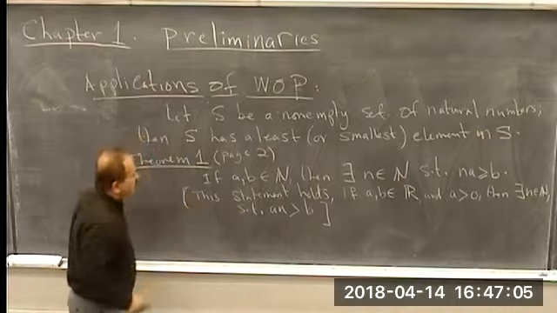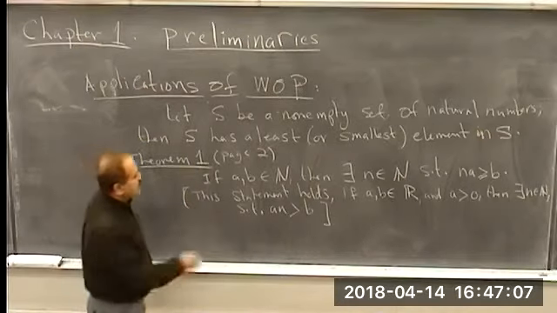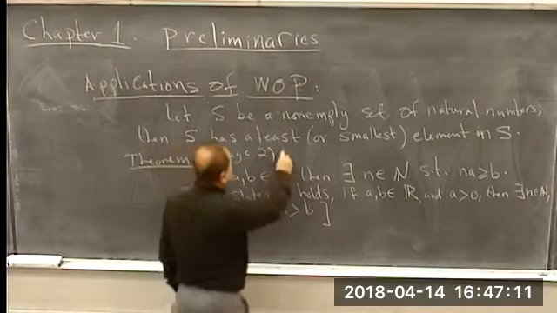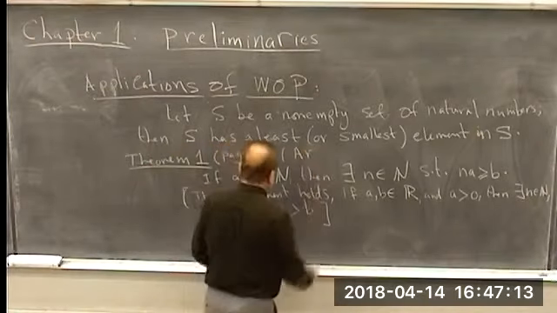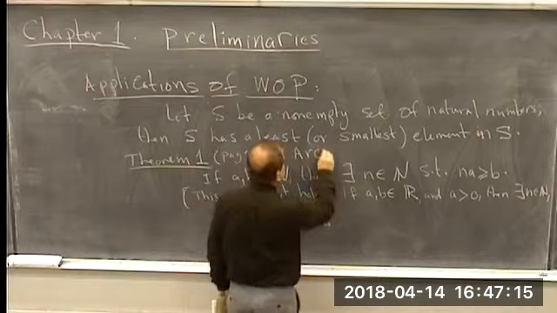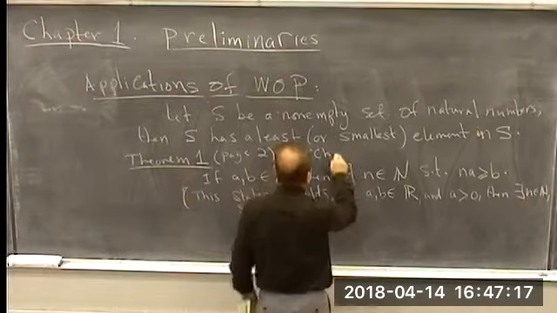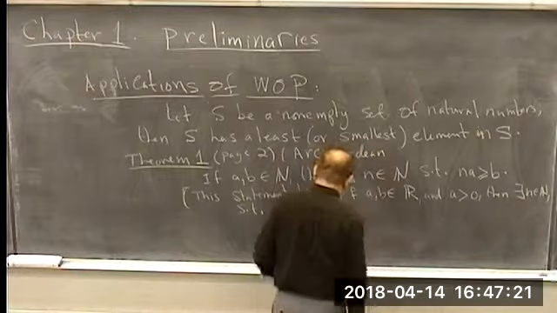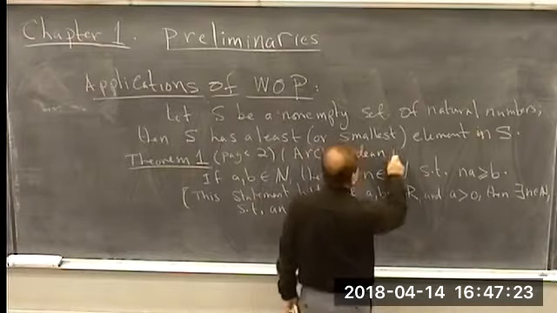So this property, either for natural numbers or for real numbers, is called the Archimedean property or principle.